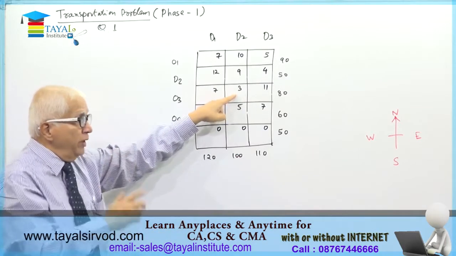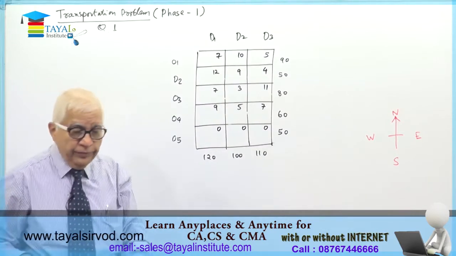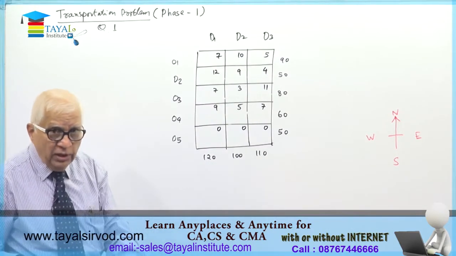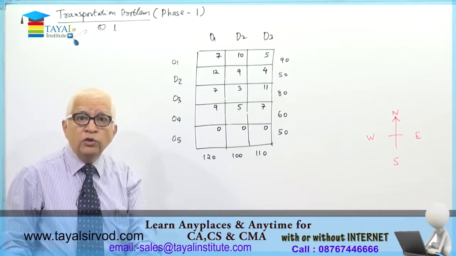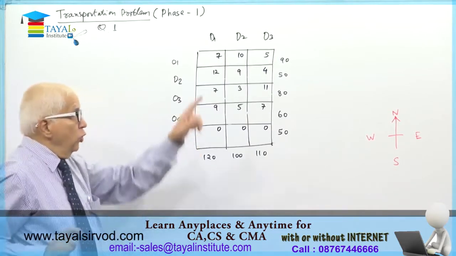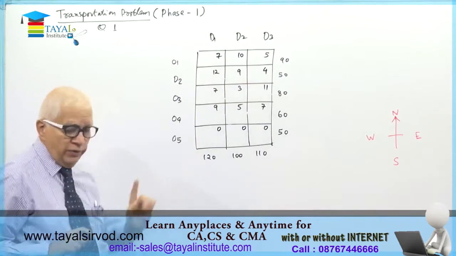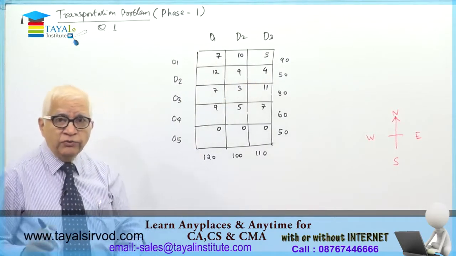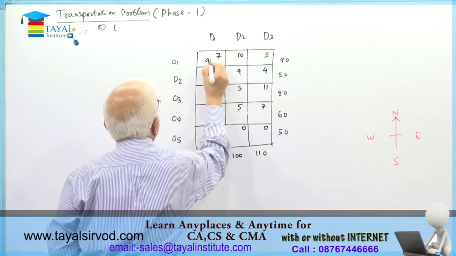It will be the lower between 80 and 100, that is 80. Okay, fine. So let me transport therefore the maximum number of units in the northwest corner, which is O1D1. I find that the availability is 90, demand is 120. So the maximum number of units which I can transport from O1 to D1 is 90.